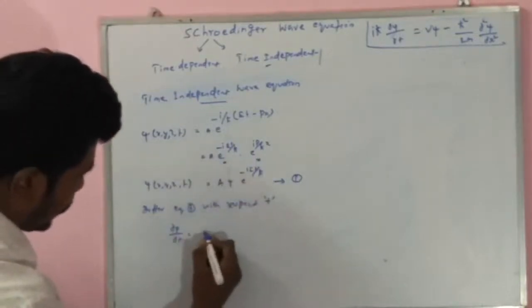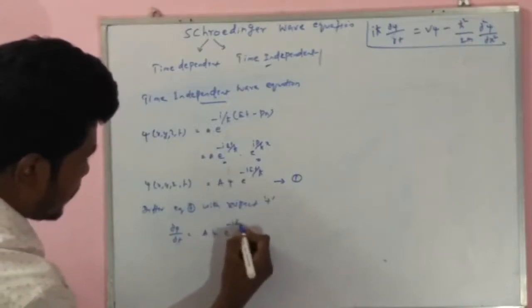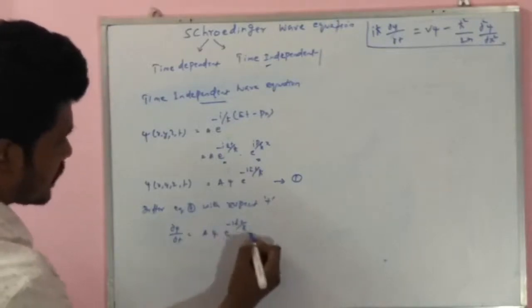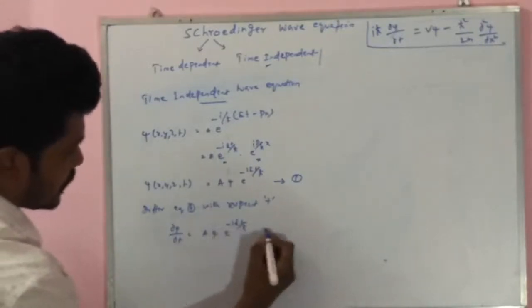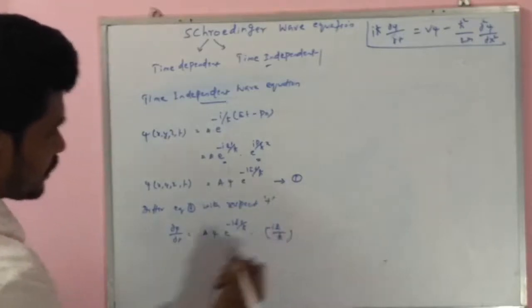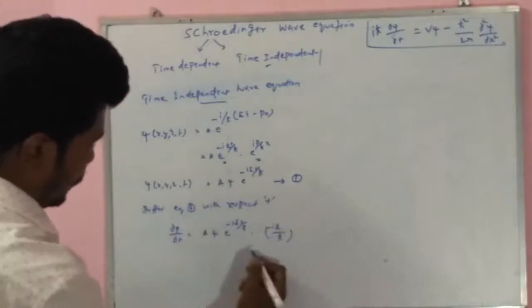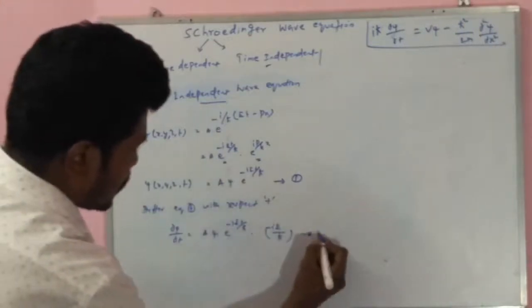So that is the value: A ψ e^(-iEt/ħ) into minus iE by ħ. So that is equation number 2.